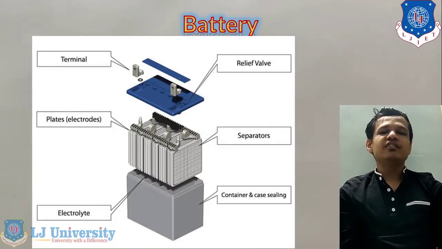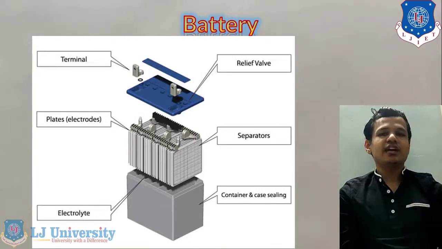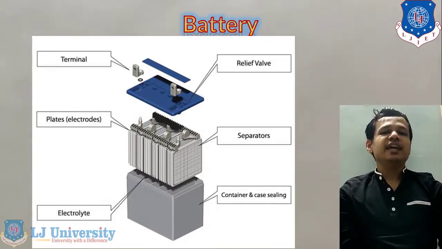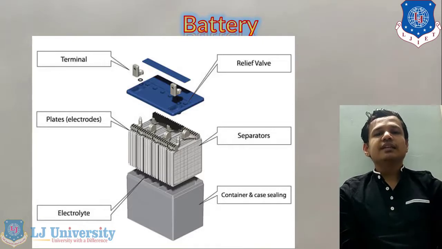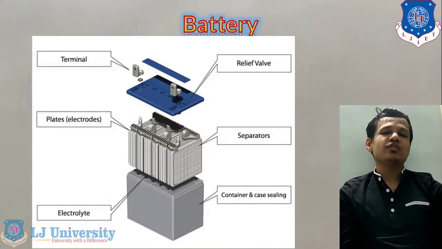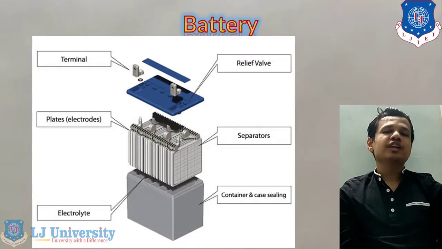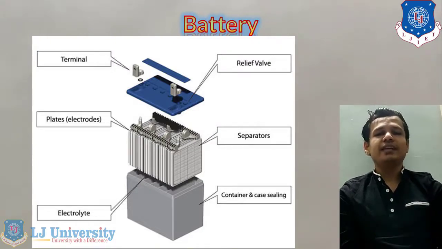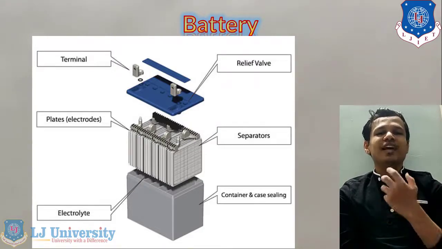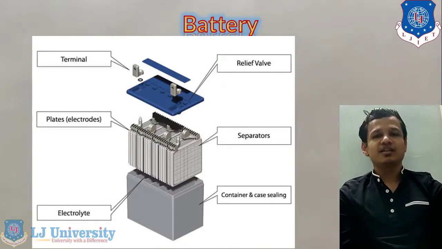Whenever the electrolyte or water escapes through that valve, 2 evaporators in the valve return the H2SO4 or electrolyte back into the container so that we do not lose any electrolyte to the atmosphere. So this is how simply our battery works.